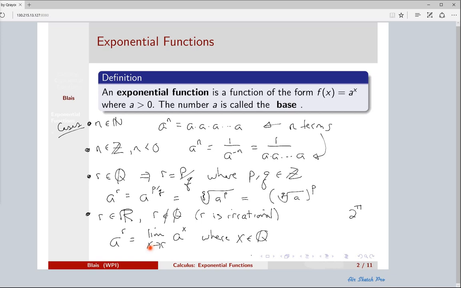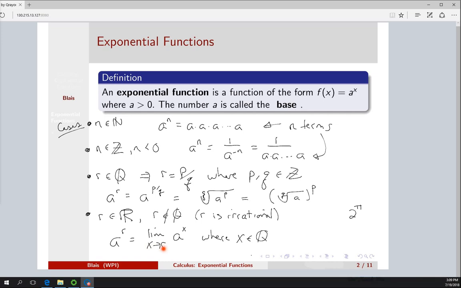So we can find rationals arbitrarily close to this irrational number r. And that limit of a to the x, as we have rational numbers approaching that r, gives us what a to the r will be when r is irrational. We need that because if we want to think of these functions as being continuous, we need to have them defined for any real number x, not just the rationals. We also need the irrationals.